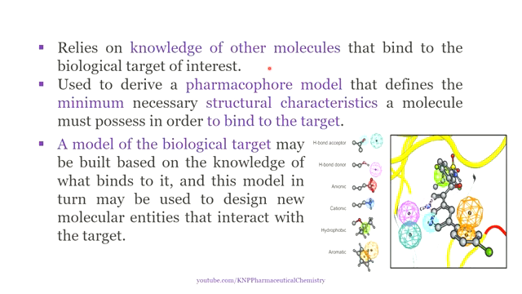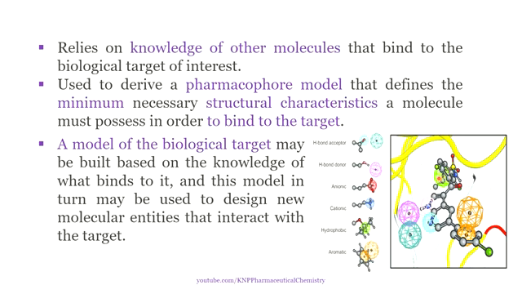This is used to derive a pharmacophore model that defines the minimum necessary structural requirements of the molecule in order to bind to the given target. A model of the biological target may be built based upon the knowledge of what binds to it. You can see here, if we consider this as the active site, we may have knowledge about the active site, or else regarding the ligand, for example, here it should be an aromatic compound, or a hydrogen bond donor, or hydrogen bond acceptor, or a hydrophobic moiety.